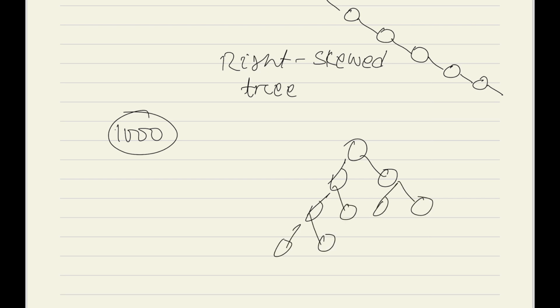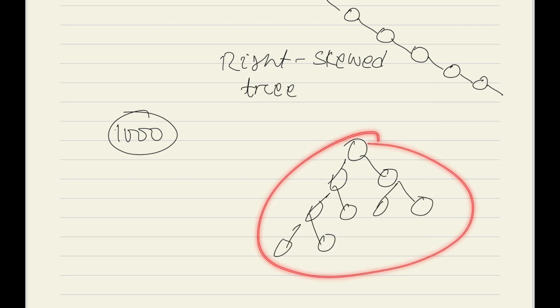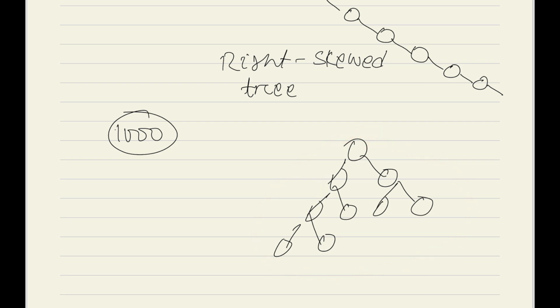Now if the tree is balanced like this, then the number of comparisons is order of log n, or we can say it is approximately 10 to find whether one element is present or not. So for 1000 nodes, if the tree is balanced, the maximum number of comparisons is 10 to find whether one element is present in this tree or not.